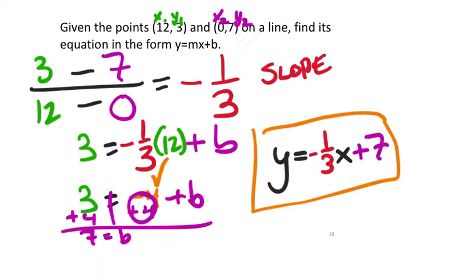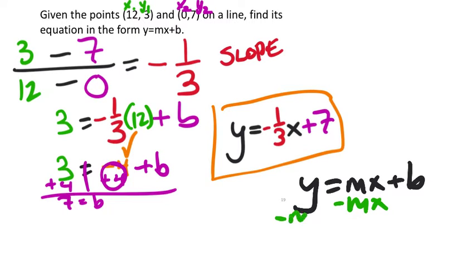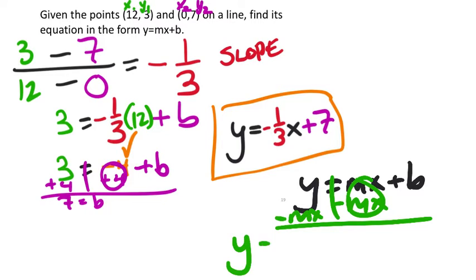Now, as promised, I told you there's kind of a quick way to find the y-intercept, and it comes from manipulating y equals mx plus b, right? So if you ever wanted to solve for the b, you'd just subtract mx from both sides. Now, y is not a like term with mx, so it just would read as y minus mx, and this would equal the b value, okay? And you can see that this would work, right?